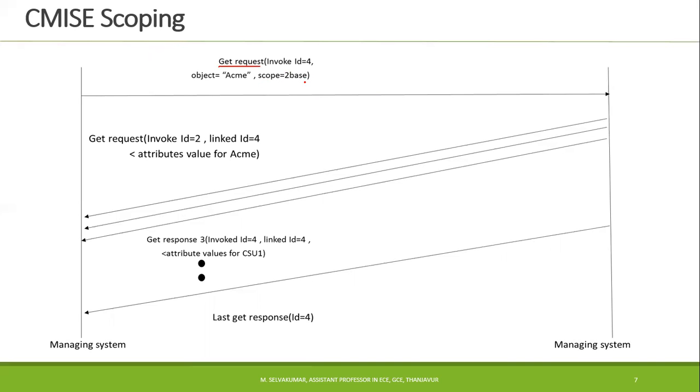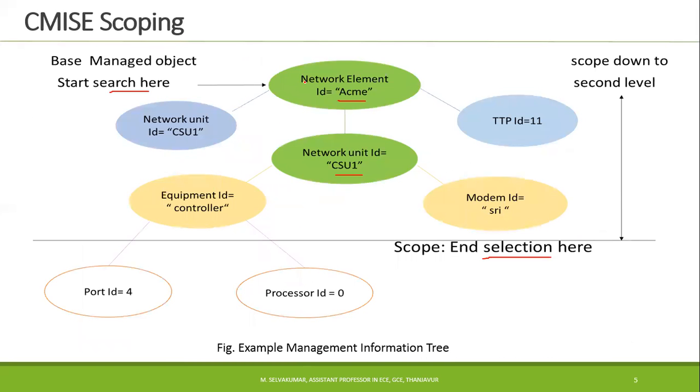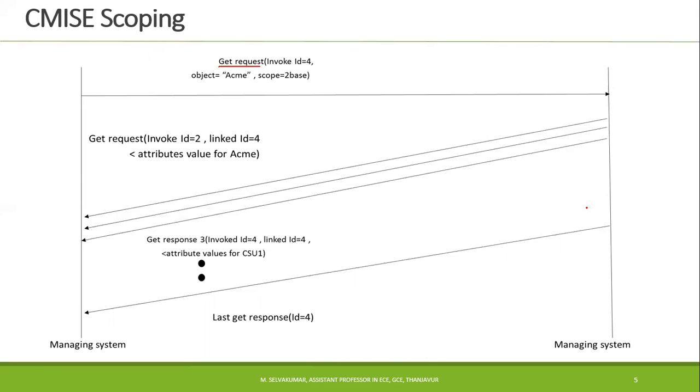Scope equal to 2 base means the base connected to the network element, that is, 2 bases. The get request has invoke ID equal to 2, and the linked ID refers to this invoke ID, which specifies the object ACME and the attribute value of ACME.